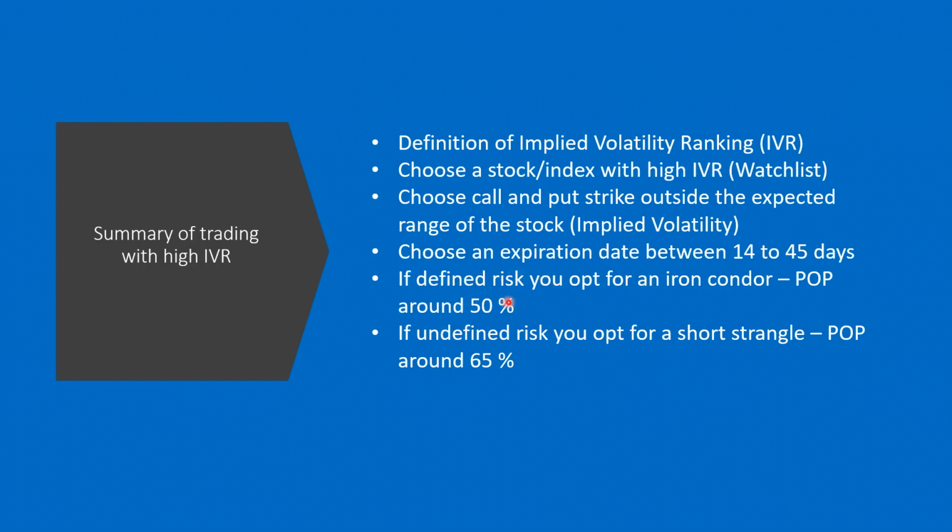In a defined risk, it's the Iron Condor, because you know what your maximum loss is. But you should always try to get a pop of around 50%. If it's an undefined risk, because you can extend your strikes a bit on a short strangle, the pop is 65%, so it makes more sense to do a short strangle.